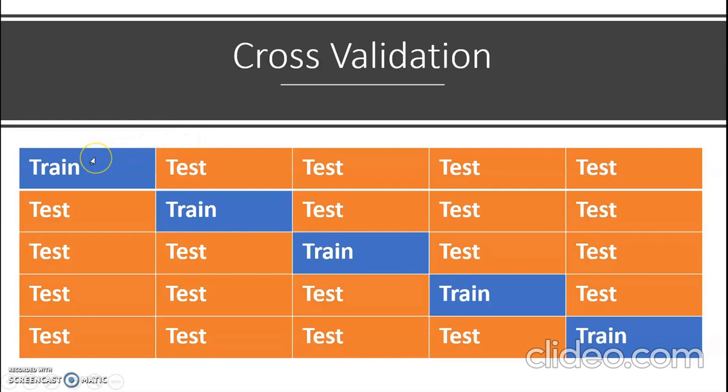By doing cross-validation, we allow the algorithm to train with each group of folds that exist inside a data set. So this covers cross-validation.